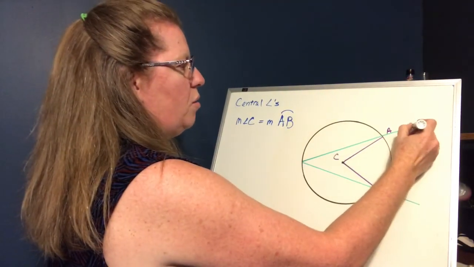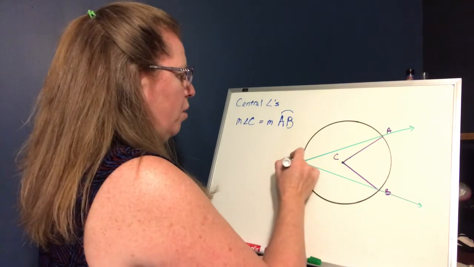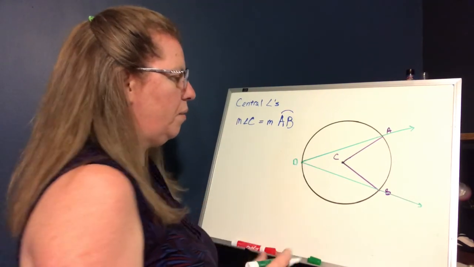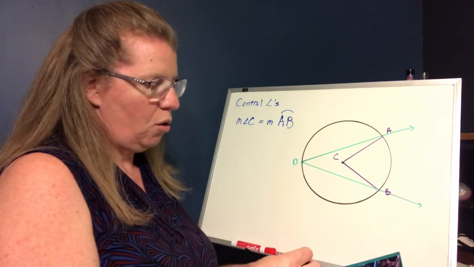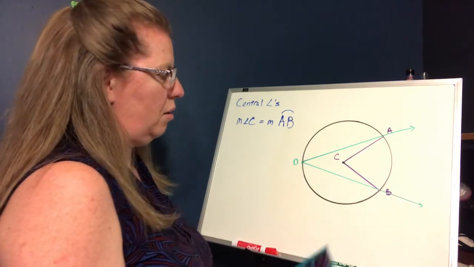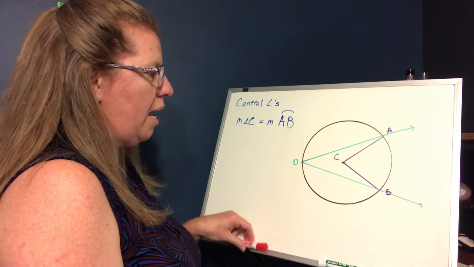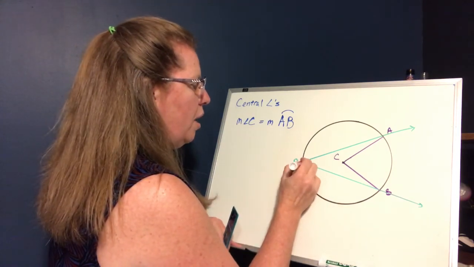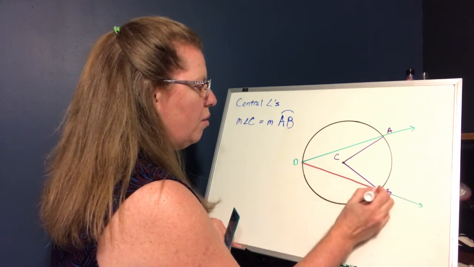There we go. So I draw 2 rays. We're going to call this point D, where it touches the circle. And the chords of this angle, chord DA and DB, I'm going to darken those a little bit, create what we call an inscribed angle.